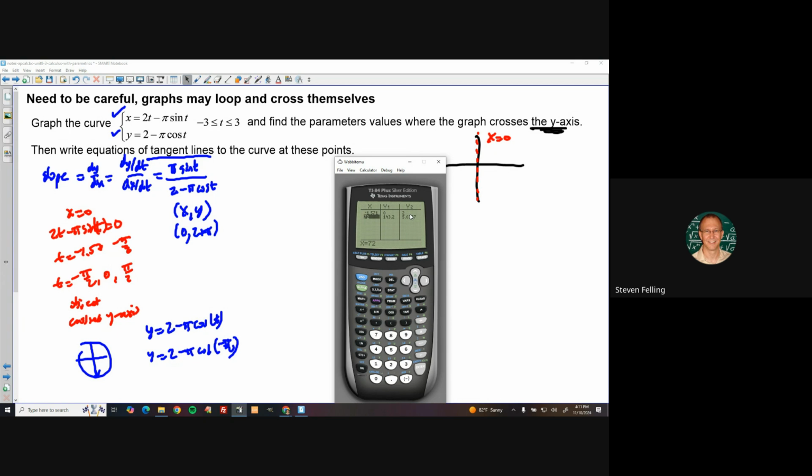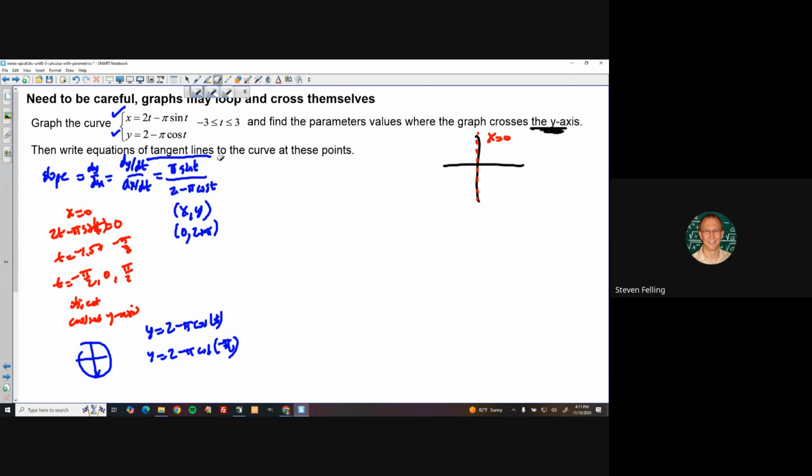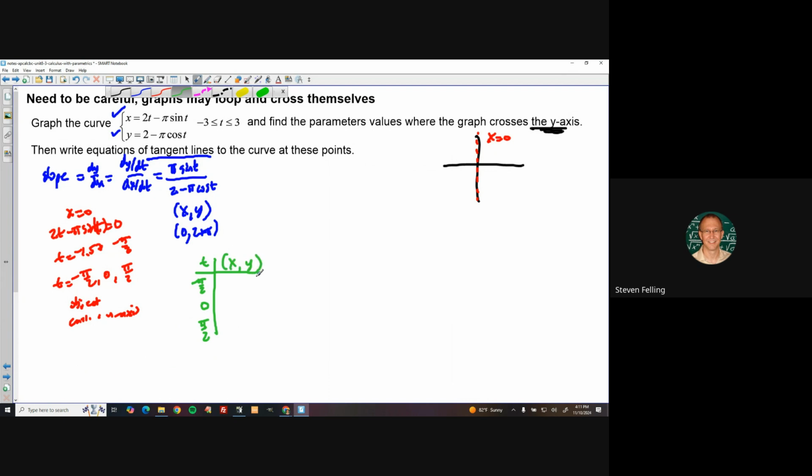So let's record this. Thinking rather than doing it by hand, we'll just record this as a result. So parameter value t, negative pi over 2 is one of the interesting locations, 0 and pi over 2. First, we need the x, y location. And so we just found out that if we plug negative pi over 2 in there, we get 0, 2 as the xy coordinate.